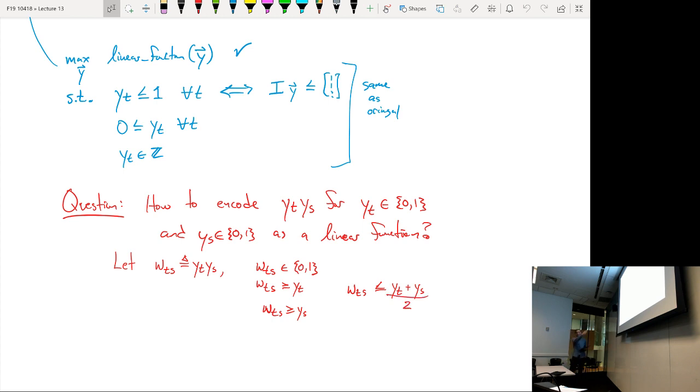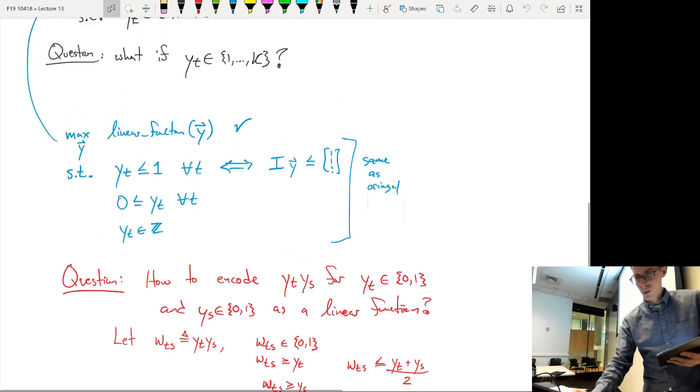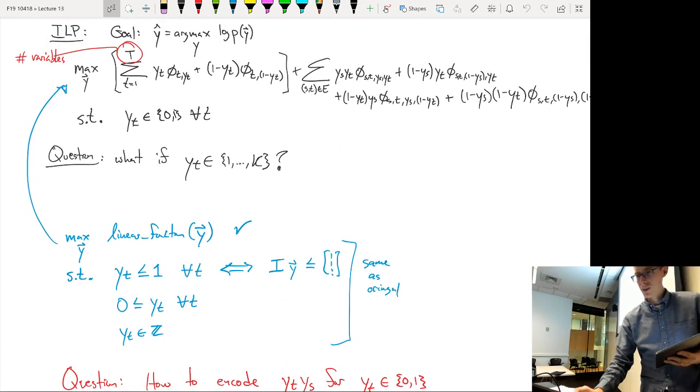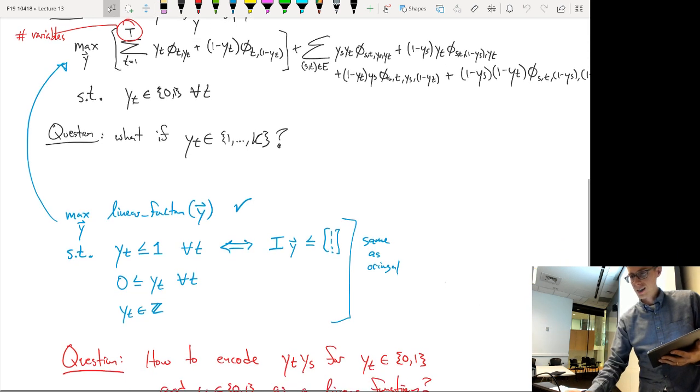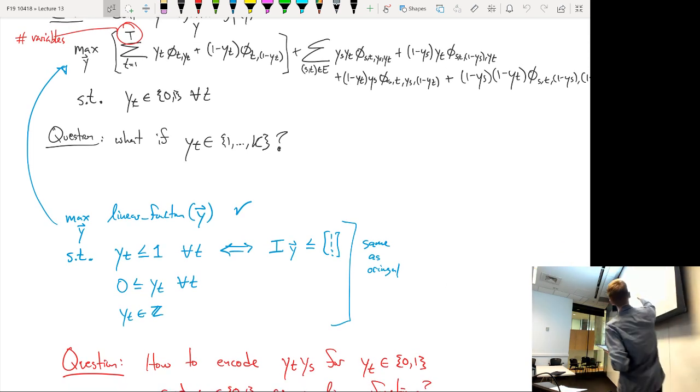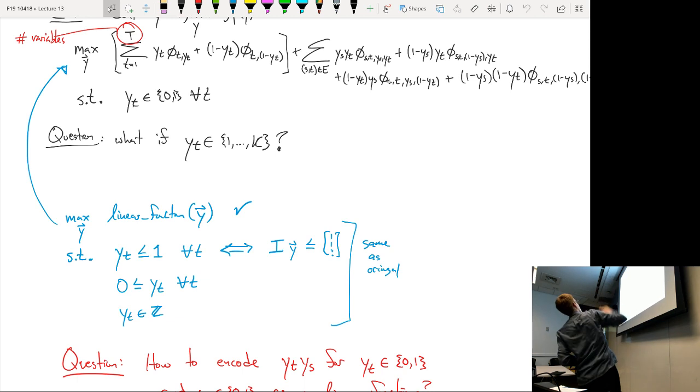Okay, so now we can go back to our original program and substitute in these little YTS variables everywhere that we had the quadratic variables.